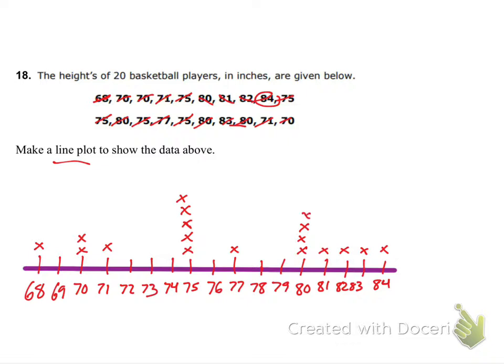So I have all my numbers, and this is a visual representation of the data. Obviously the most common is 75, the second most is 80, and the third most is 70. You don't necessarily need to write that down, but it's good to know.